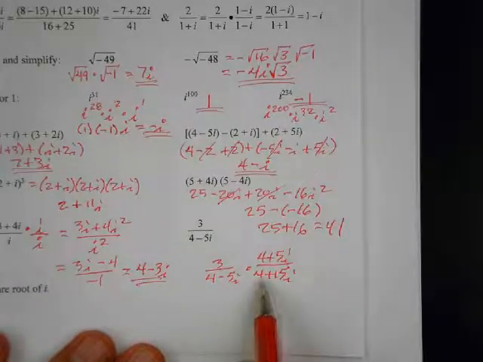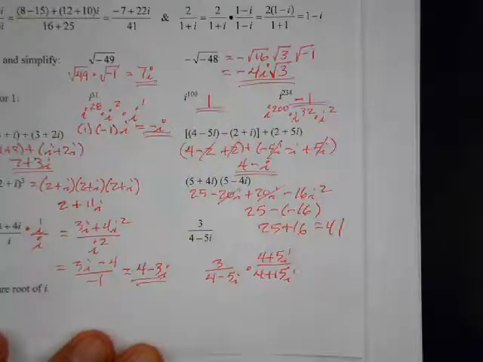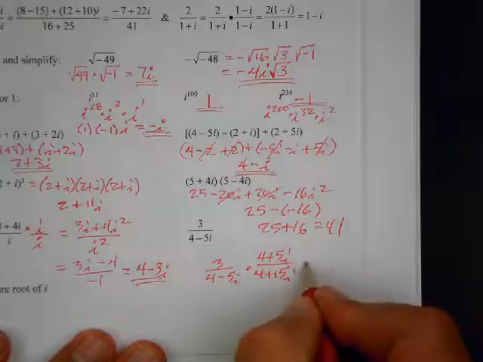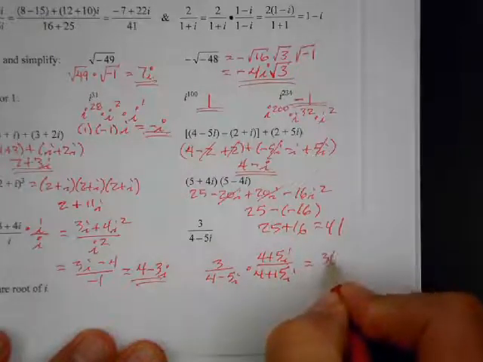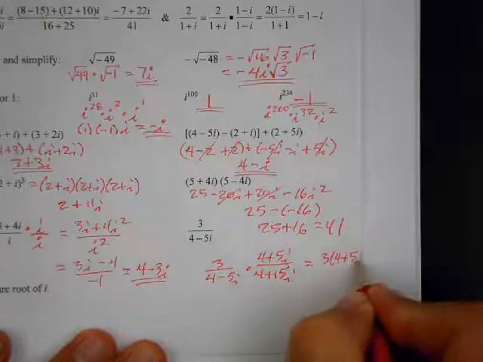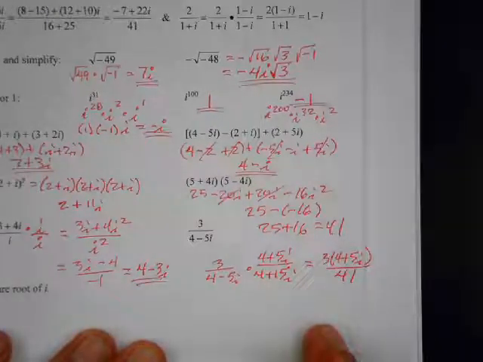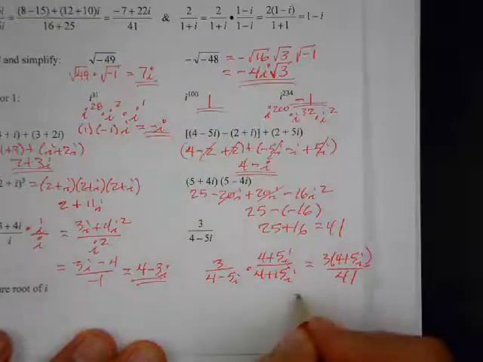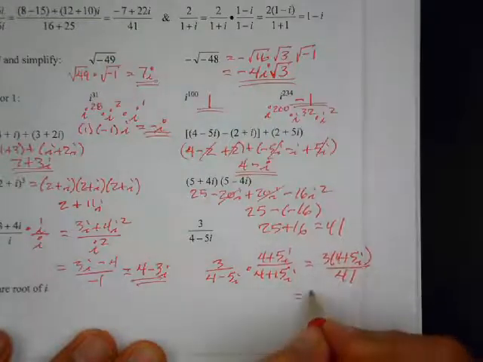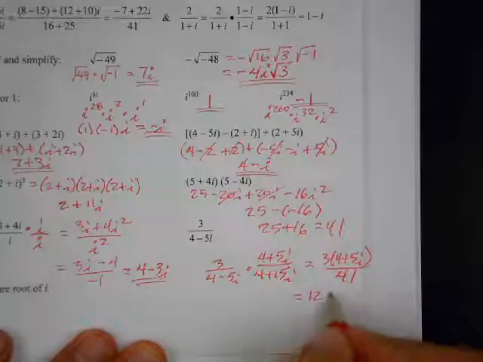So we already know that that's going to be 3 times 4 plus 5i over 41, which, if we wanted to write it in proper form, 3 times the 4 is 12, 3 times the 5 is 15i, and then each one is over 41.